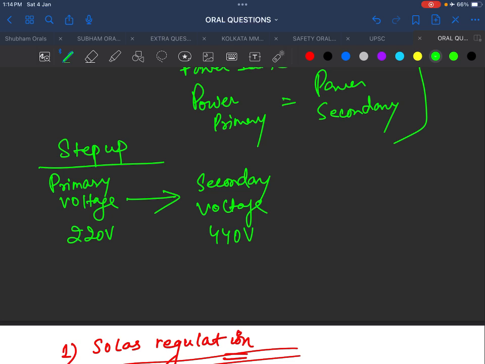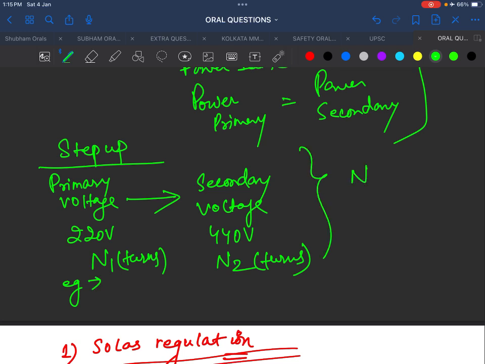But how can we do this? In the case of step up, we have to increase the number of turns in the secondary side, that is N2. For step up, N2 is greater than N1.